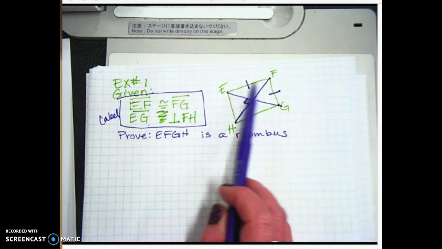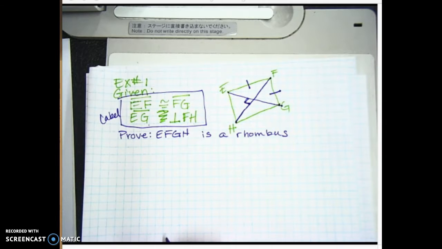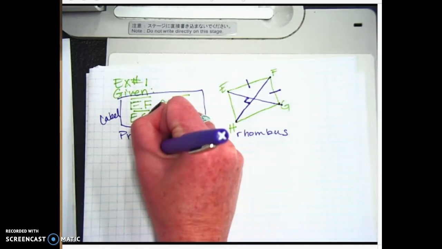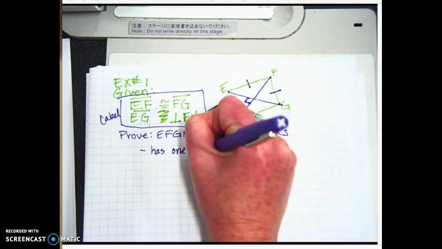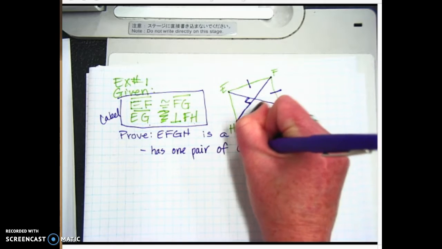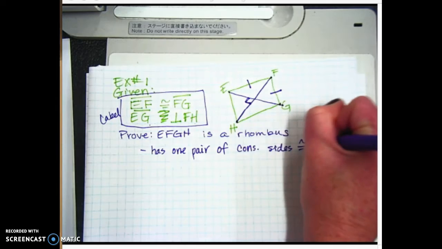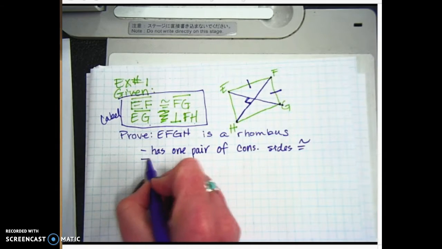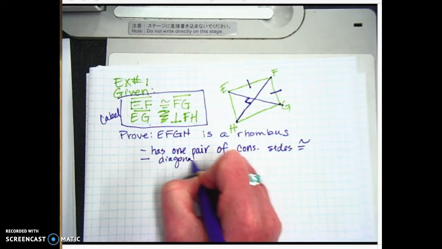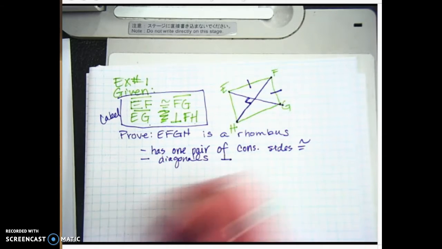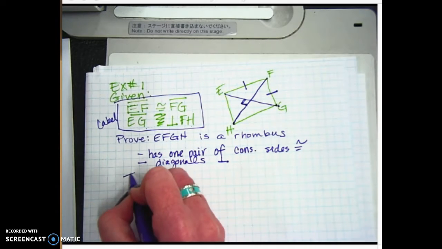So we've actually done two things here, right? EF congruent to FG has one pair of consecutive sides congruent, and it has the diagonals perpendicular. Okay, but this one's kind of a trick question.